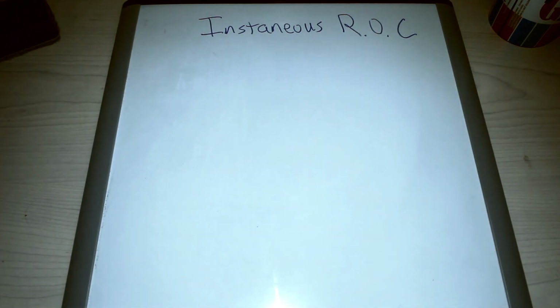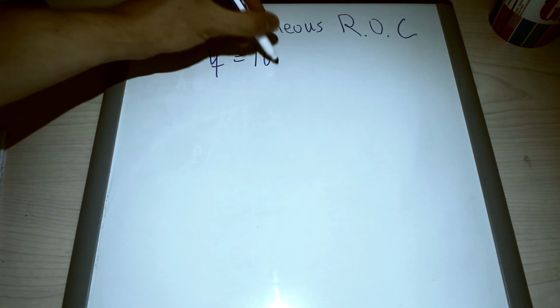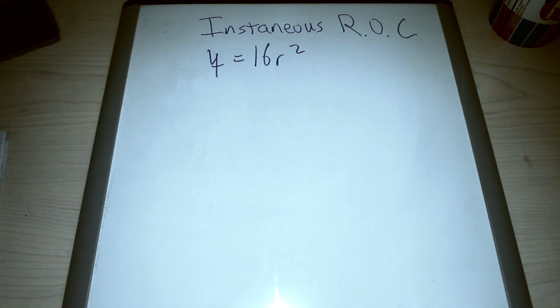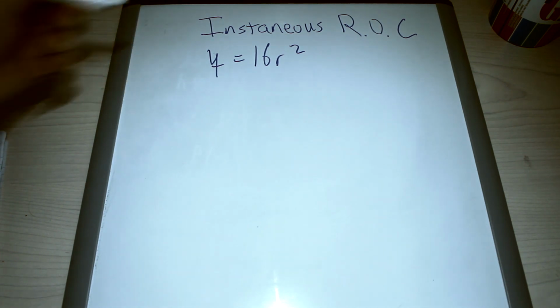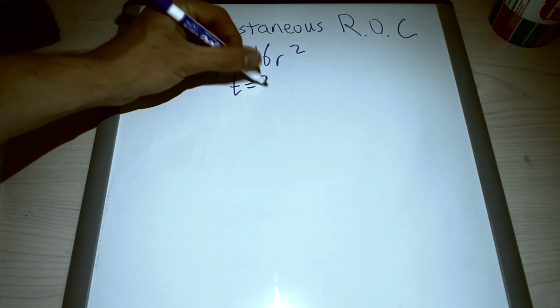So an example problem would be if we had the equation y equals 16t squared, and then our t is going to be 3.